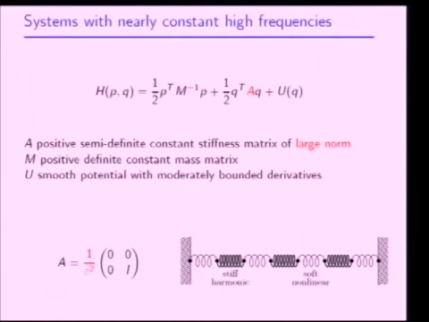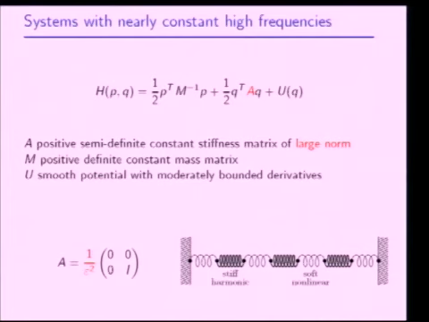So this is always to be assumed to be a matrix which is symmetric and positive semi-definite. In this case, a constant matrix. M is always a positive definite mass matrix. You won't miss much in the talk if you always think of M being the identity matrix. And U is a smooth potential with moderately bounded derivatives.